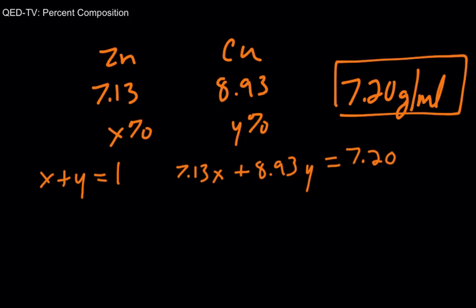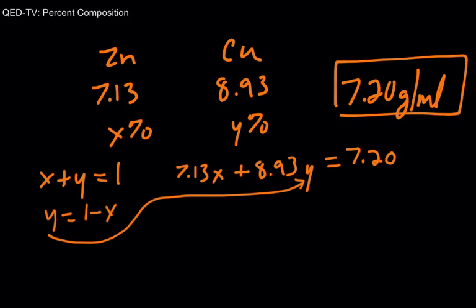Well, if I have two equations, I can rearrange one equation and then substitute that into the other equation. So I could say that X plus Y equals 1, and that means Y would equal 1 minus X. And then I can take this Y and plug it in for that Y there.